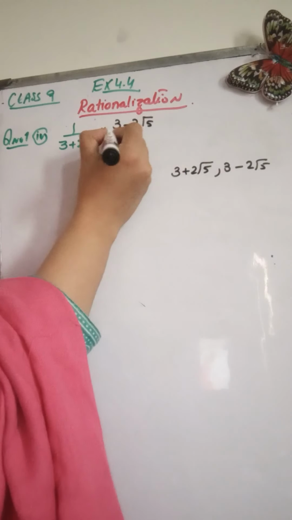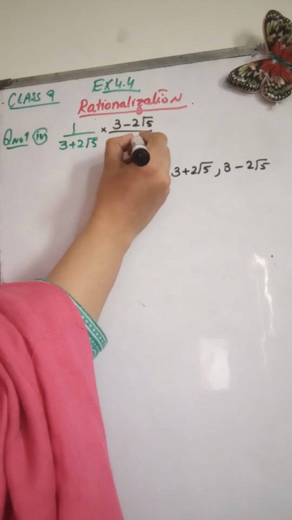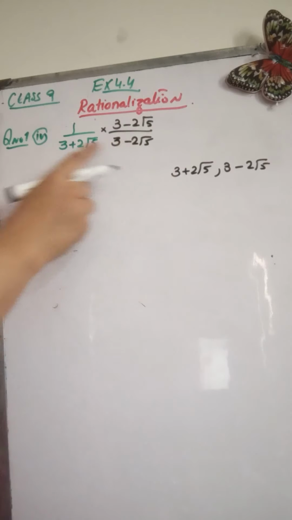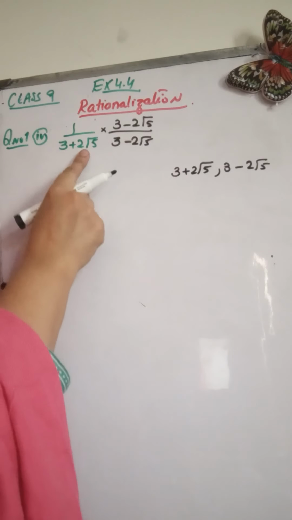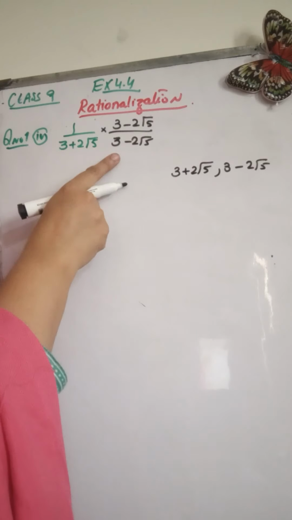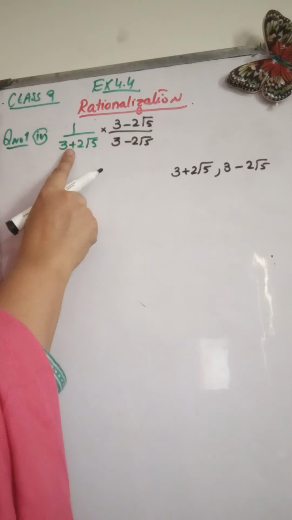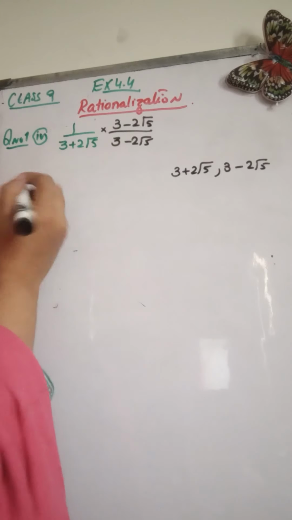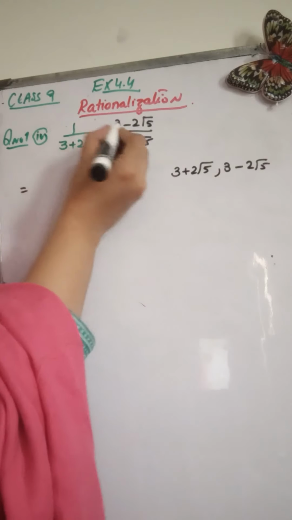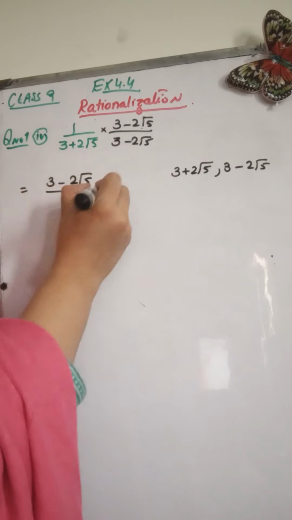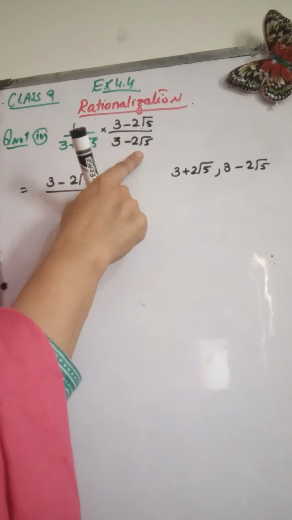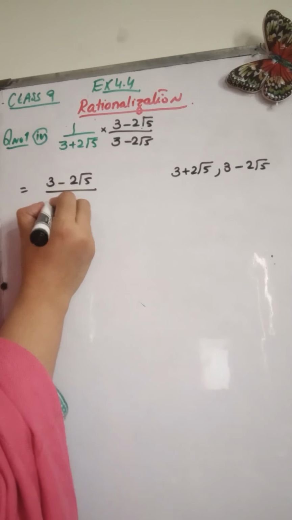So just change the sign which is in between these two numbers and multiply it with the numerator as well as the denominator, because we know that the conjugate, when its product is taken with this surd, will give us a rational number. That is why we multiply this number with its conjugate. So this will be equal to 1 times 3 minus 2 under root 5, which is 3 minus 2 under root 5, over 3 plus 2 under root 5 into 3 minus 2 under root 5.